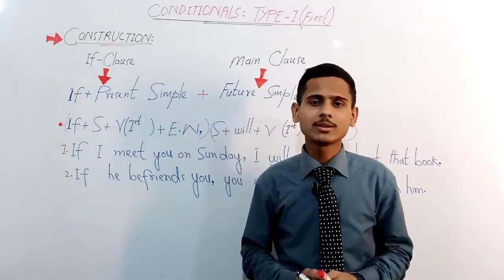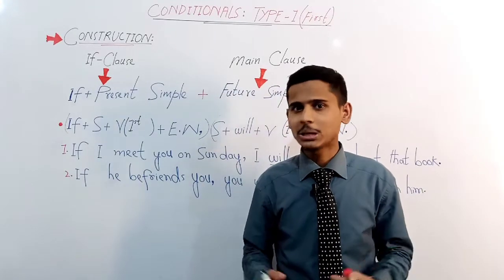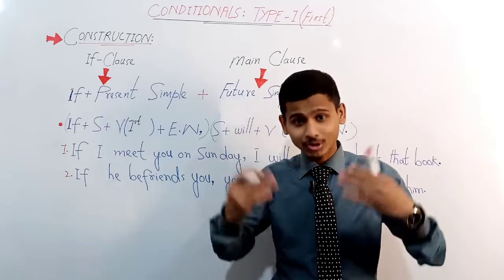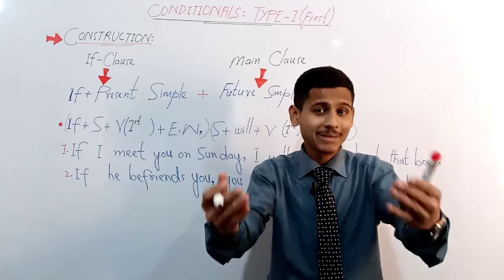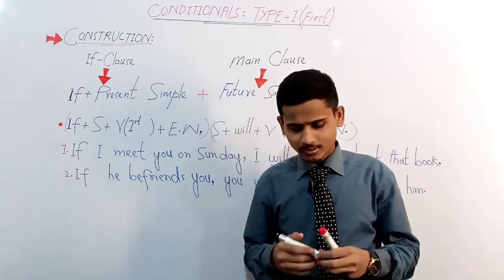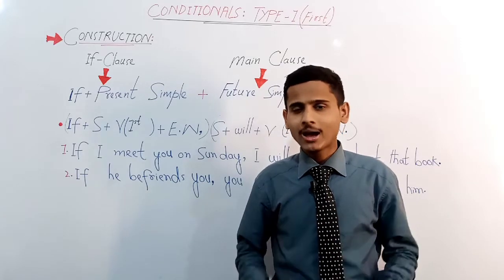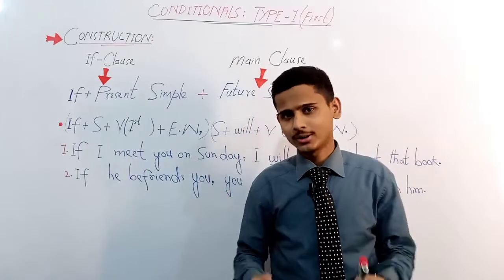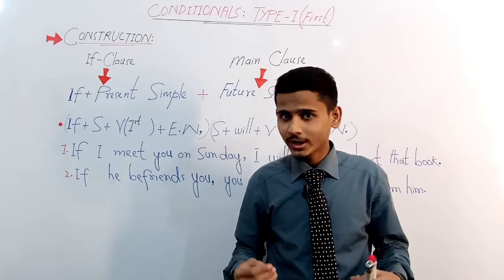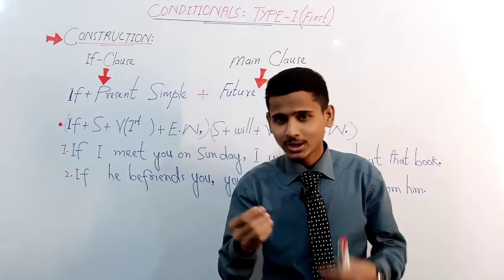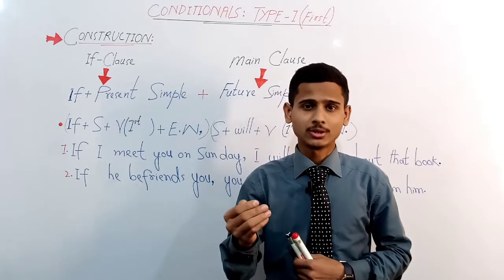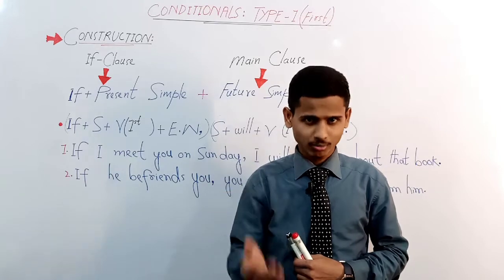Here I can make two or three verbal sentences for you so that you can understand better than before. Let's do it. If I teach conditionals type 1, you will learn it, right? Or if I speak English, I'll become a fluent speaker, right?